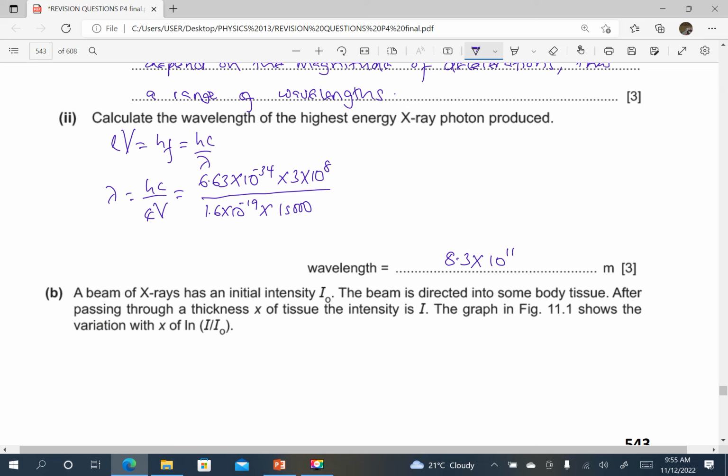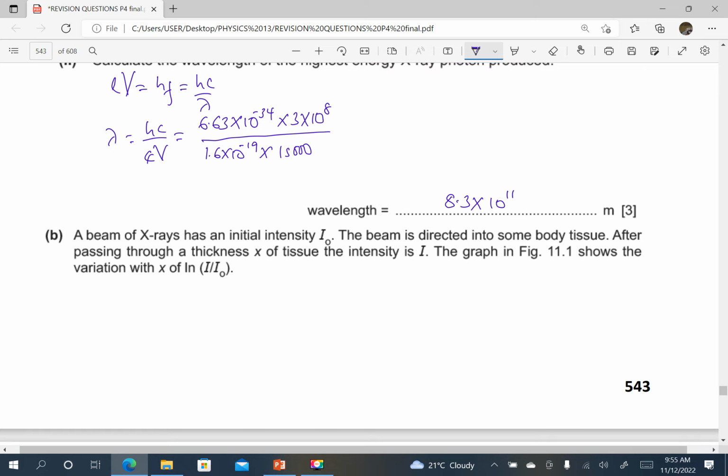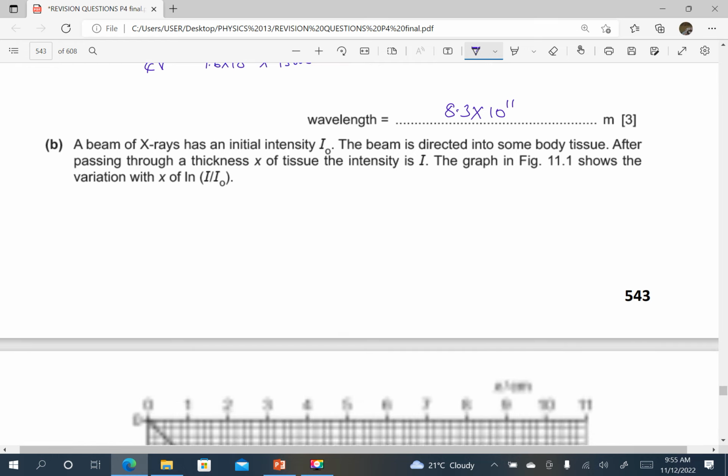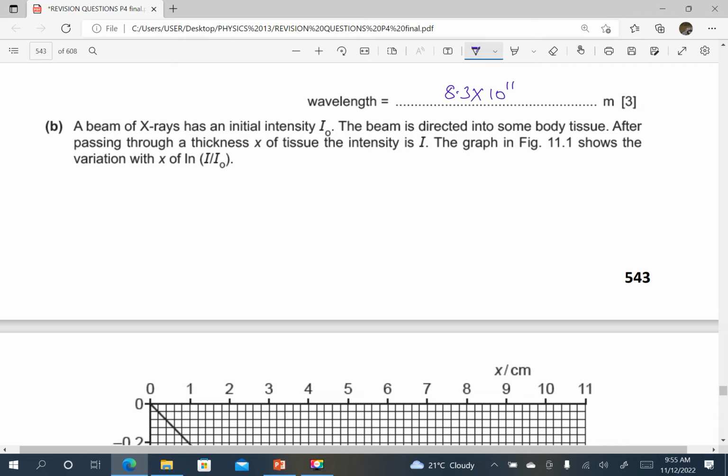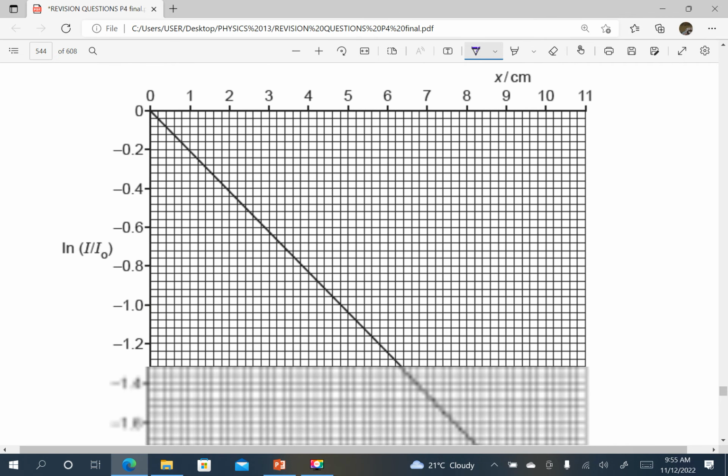Okay, a beam of X-rays has an initial intensity I naught. The beam is directed into some body tissue, and after passing through the thickness x of the tissue, the intensity is I. The graph in the figure shows the variation with x of ln of I over I naught.